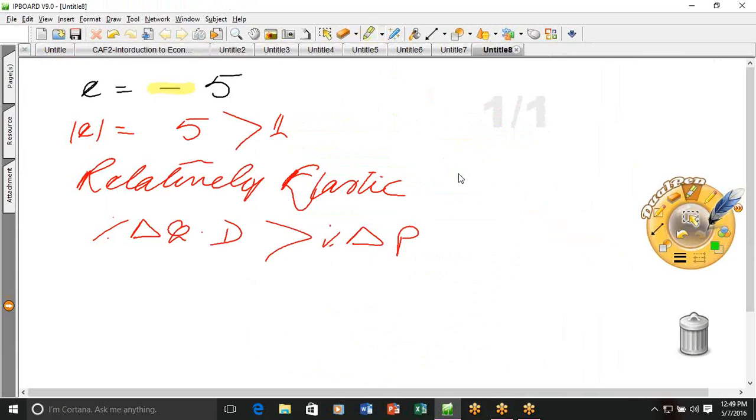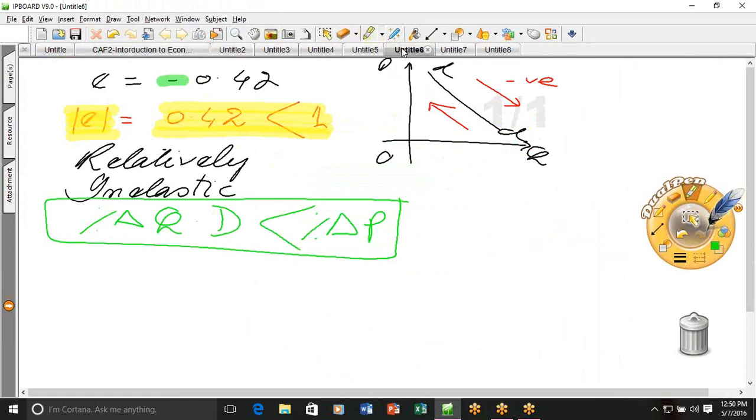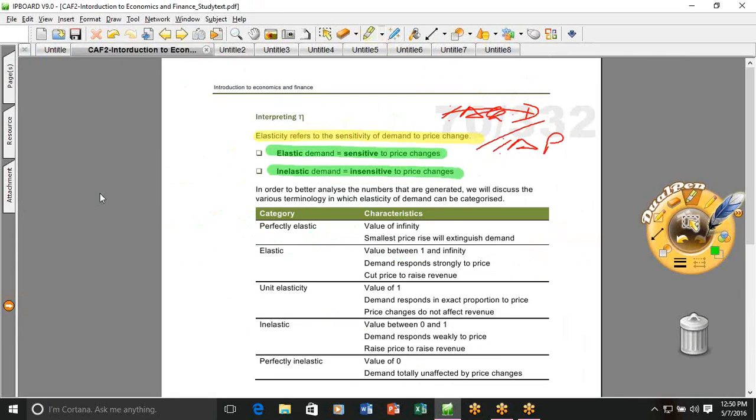अभी हमने जो डिस्कस किया था, ये देखें, इसमें क्या कहा हमने कि आपका ये मोर सेंसिटिव है तो इलास्टिक होगा. और अगर लेस सेंसिटिव है तो ये लेस इलास्टिक. ओके, इट इज ऑल अबाउट द इलास्टिसिटी. देन परफेक्टली इलास्टिक, इलास्टिक, यूनिट इलास्टिक, इनलास्टिक एंड परफेक्टली. ये हमने डिग्रीज ऑफ इलास्टिसिटी या कैटेगरीज ऑफ इलास्टिसिटी पढ़ा. यहां पे वो कहता है कि वैल्यू between 1 and infinity, right?